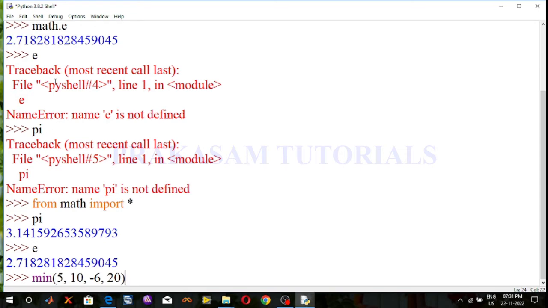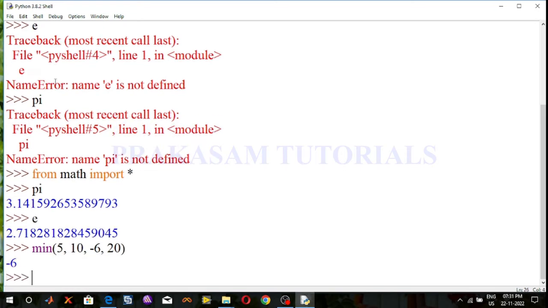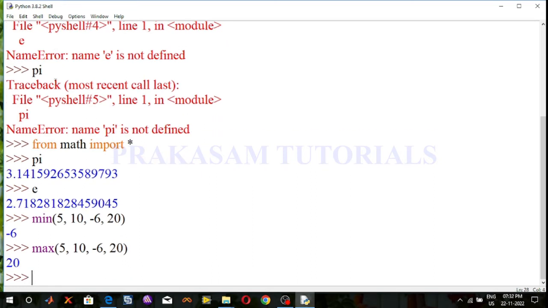Minus 6 is the minimum value, and it will be displayed on the Python console. Similarly, maximum of 5, 10, minus 6, 20. The maximum value of these four numbers is 20. So the minimum and maximum functions are used to find the lowest and highest value in an iterable.